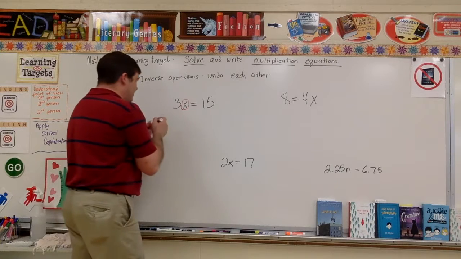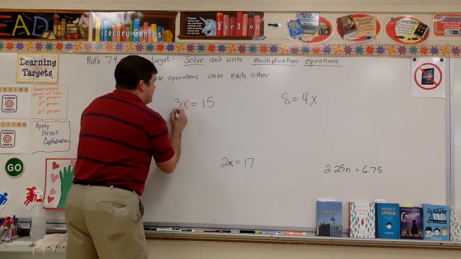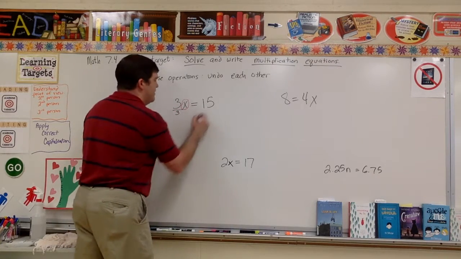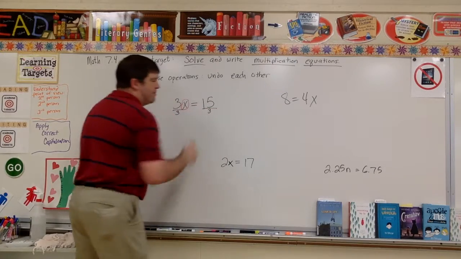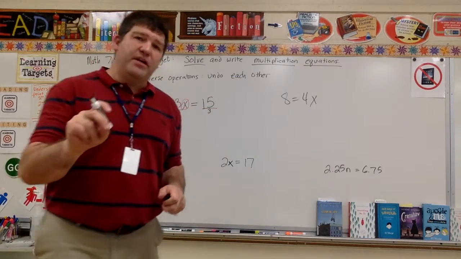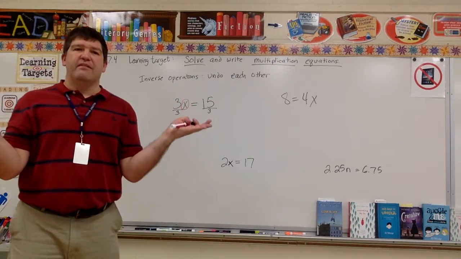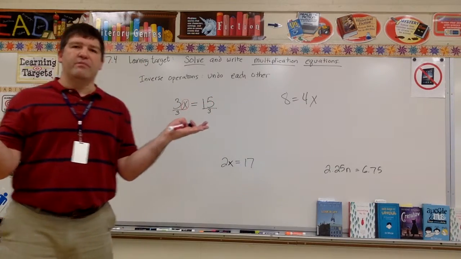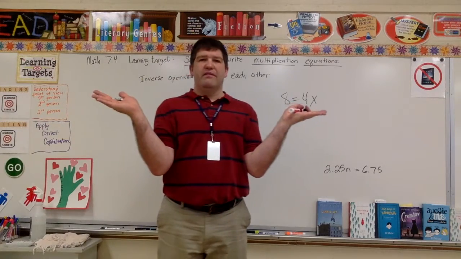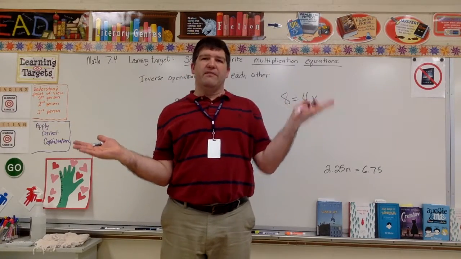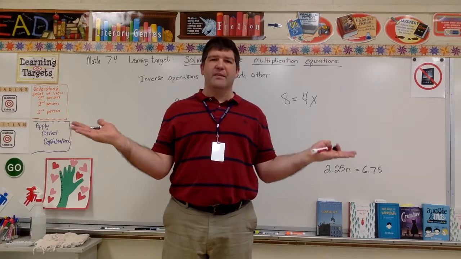So the way I get rid of this is I divide it by 3, and then I divide this by 3. I have to do the same operation with the same number to both sides of the equals, because it's a balance. If I divide this by 3, I have to divide this by 3, because it has to stay balanced.